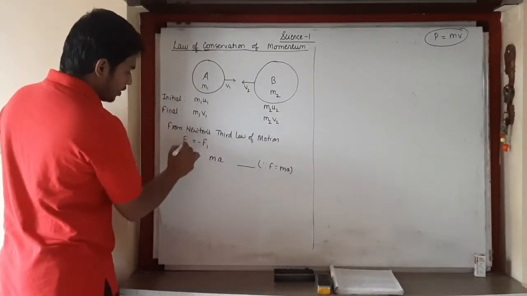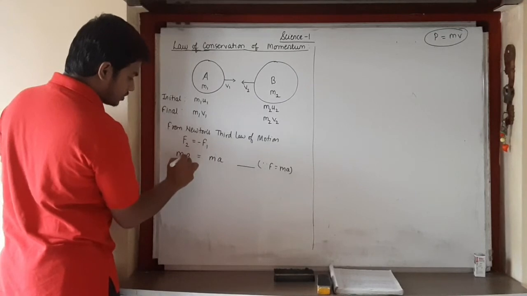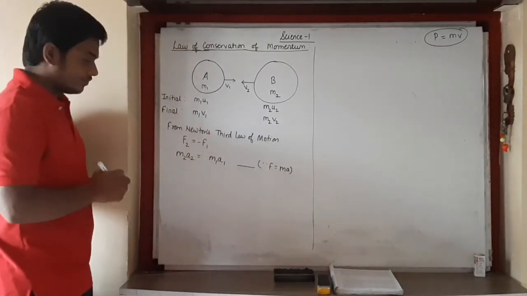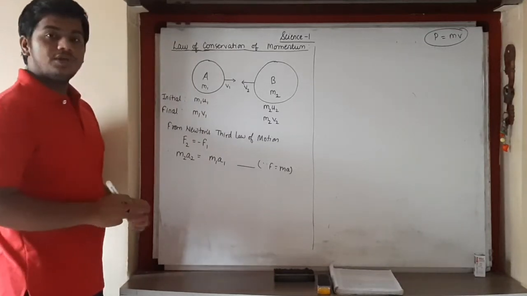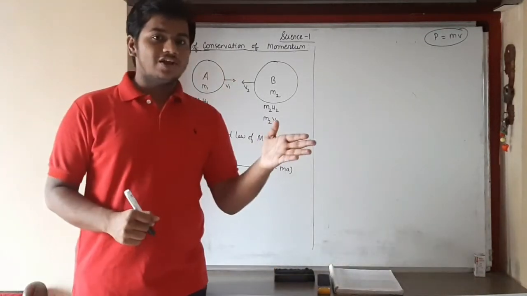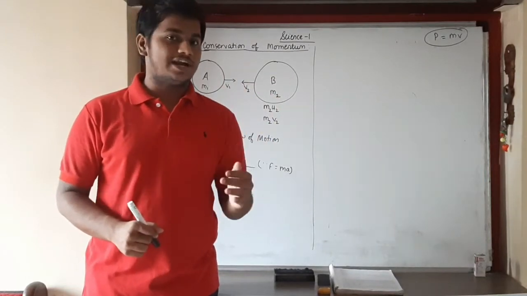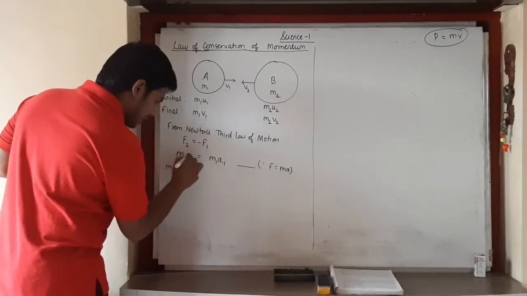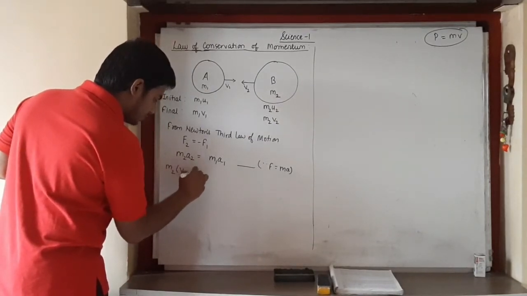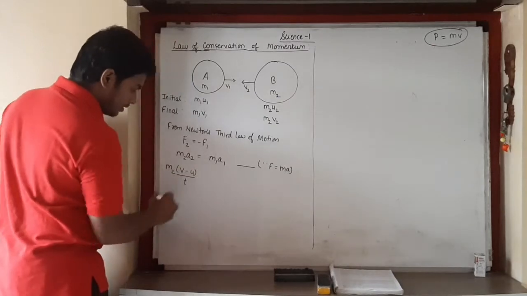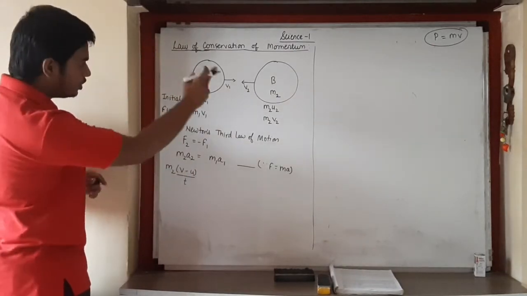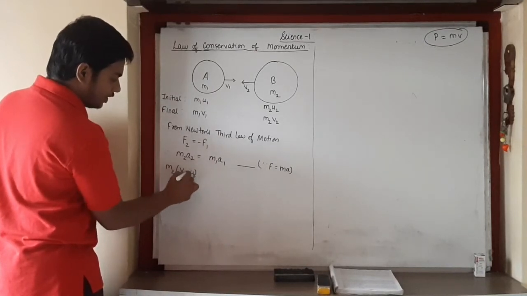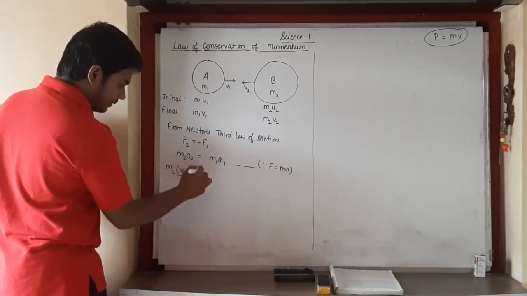Understanding, students? Now because this is the final force, second, we will write it m2a2, and this we will write m1a1. Now we all know that the formula for acceleration is final velocity minus initial velocity divided by time. So we will write m2 as it is, acceleration 2 will be v minus u divided by t. Now time period is same for both the objects, but final velocity is different for both of them, so v2 minus u2, correct?